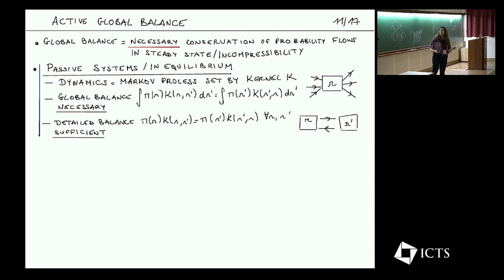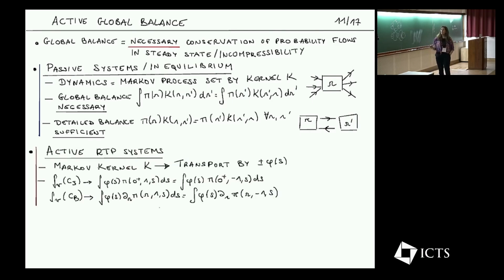And the answer is yes. Here, we can understand this active RTP system as being controlled by some Markov kernel K, but instead, what is pushing the probability mass is going to be the transport. And here, the idea is to integrate the condition over the dynamical velocities to try to have some relationship on this transport phi.